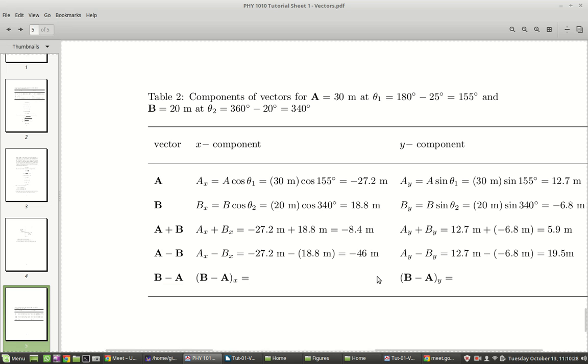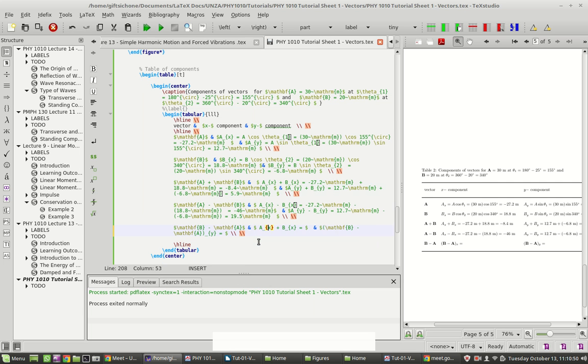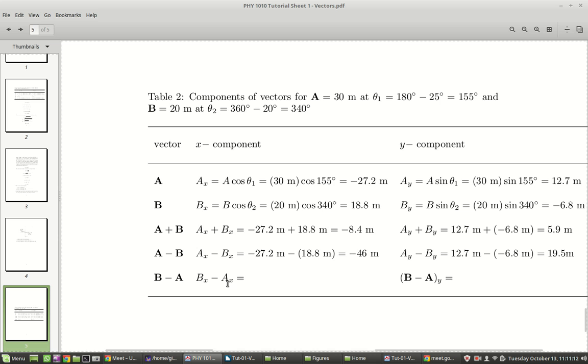Okay. Next we go to b minus a. So b minus a is going to be bx minus ax. Bx is 18.8, ax is minus 27.2.